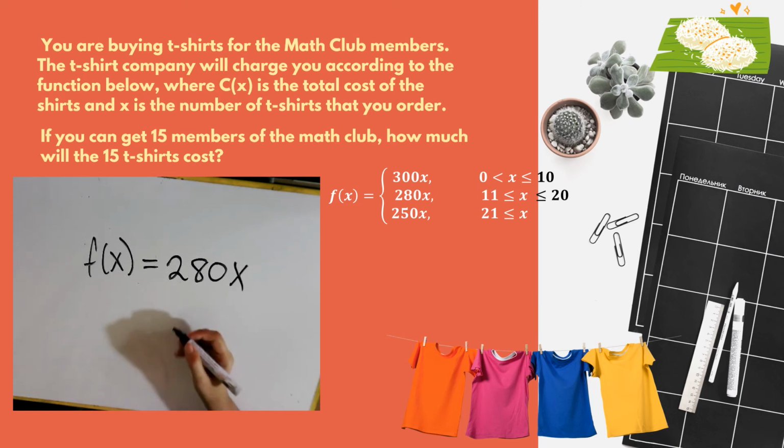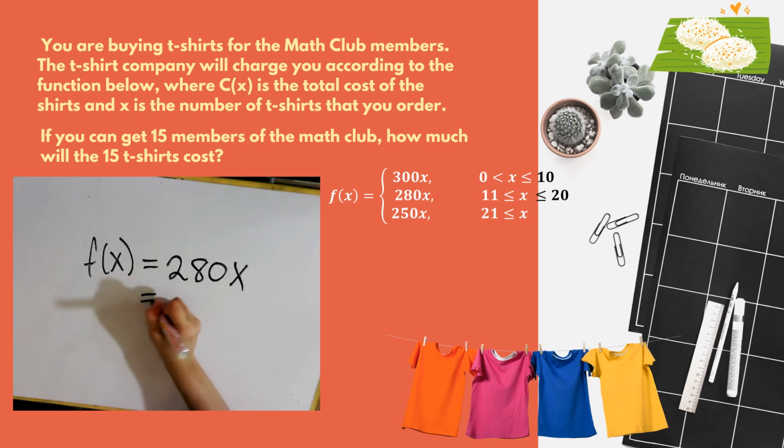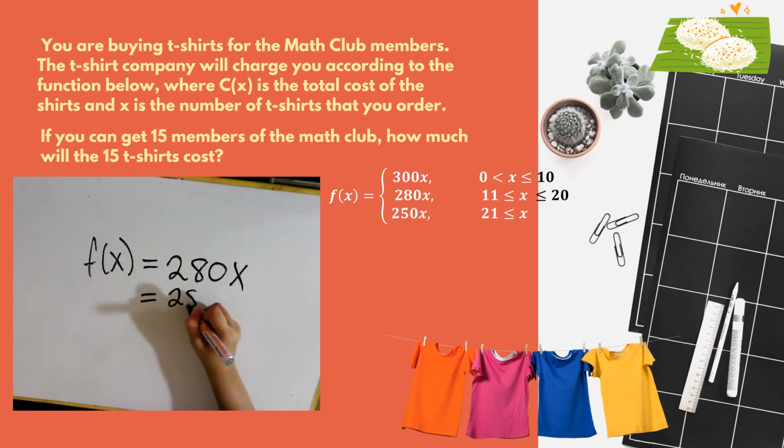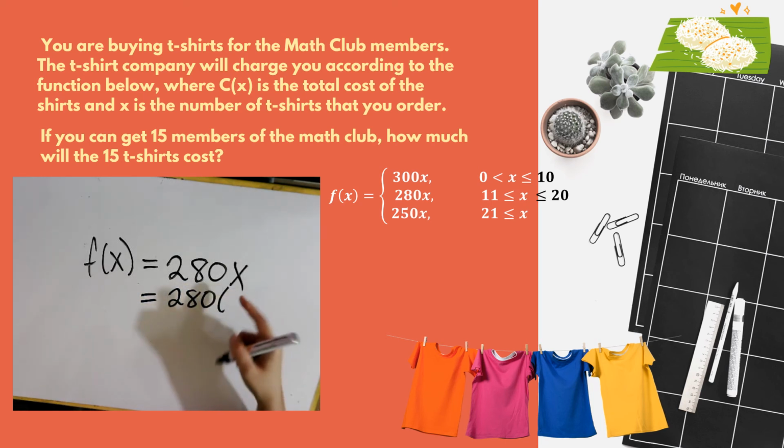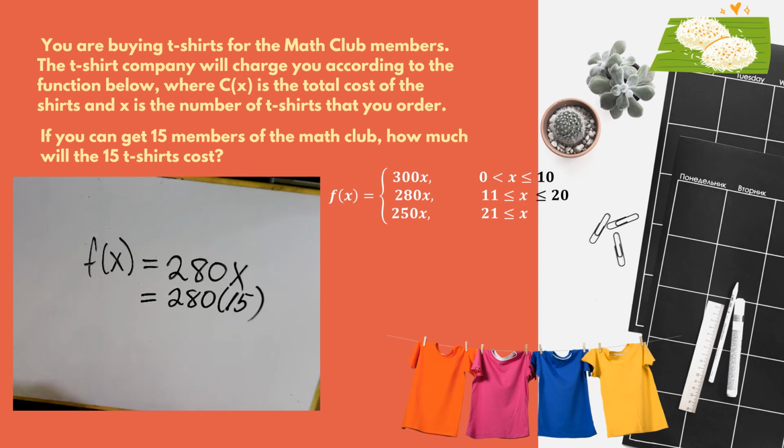Okay? So, magkano nga ba ang aabutin pag nagpagawa ng 15 t-shirts? So, 280 pesos times the number of t-shirt which is 15. Yan. So, 280 times 15 is equal to 4,200.